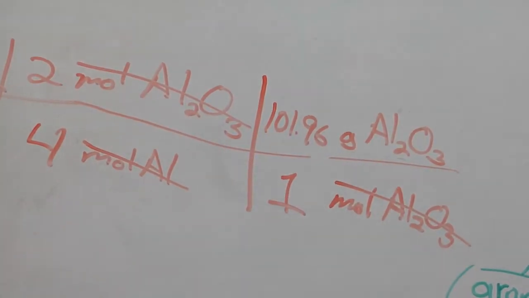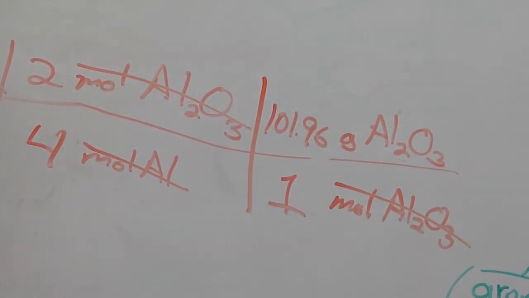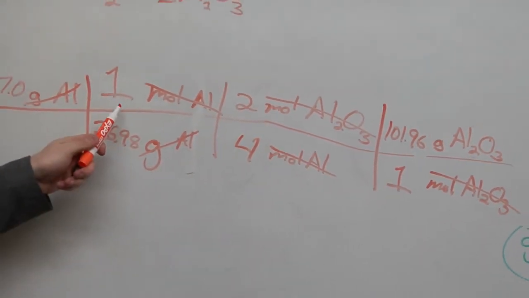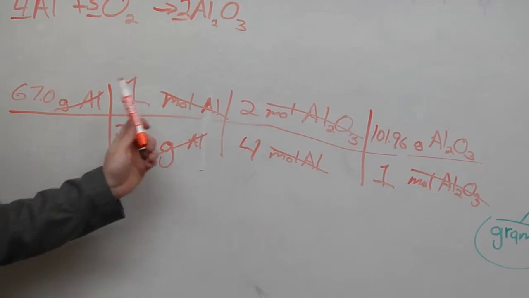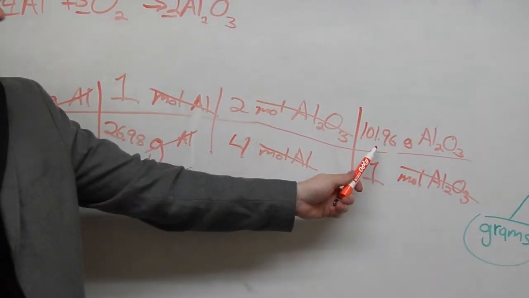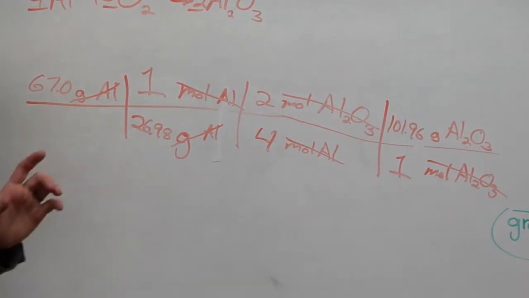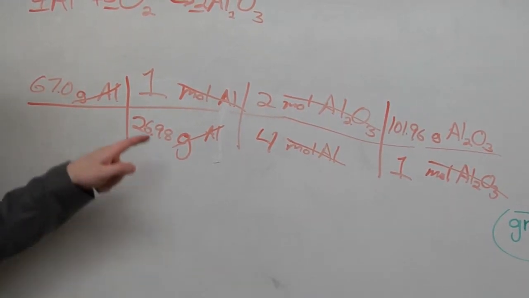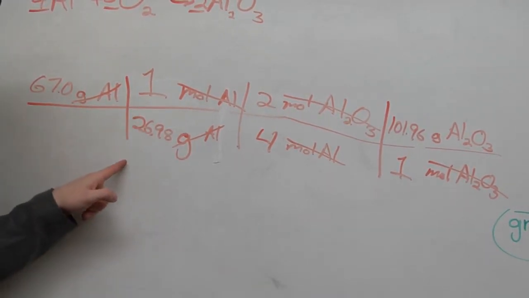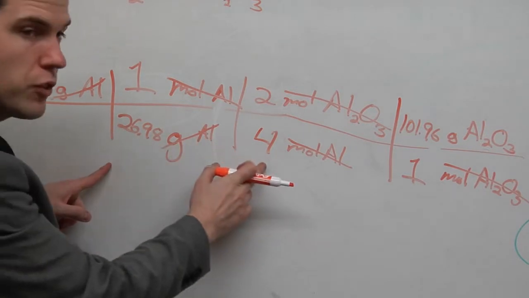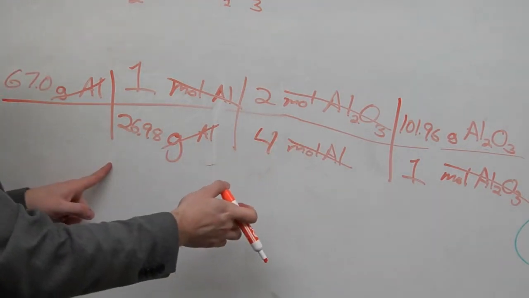That means all we need to do is type it into the calculator for the final number. 67 times, yeah, we're going to skip the 1. 67 times 2 times 101.96 divided by, and this is where it gets kind of tricky, either open a set of parentheses as you're typing this in, and then put 26.98 times 4, close parentheses, enter.